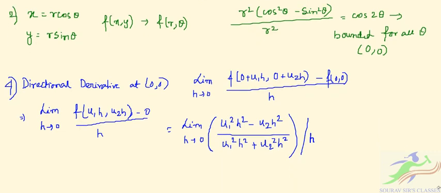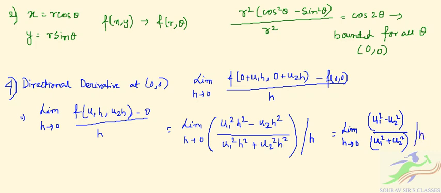After simplifying, we find the limit as h tends to 0 of (u1² − u2²)/(u1² + u2²), whole divided by h.